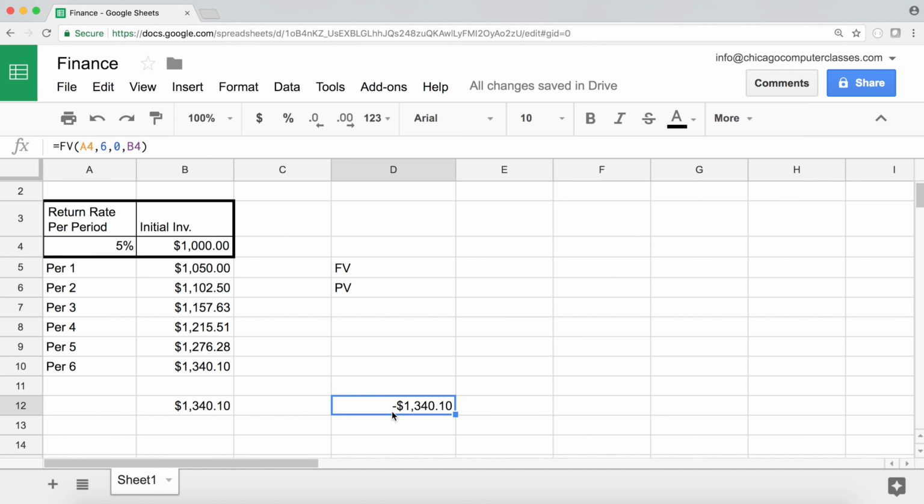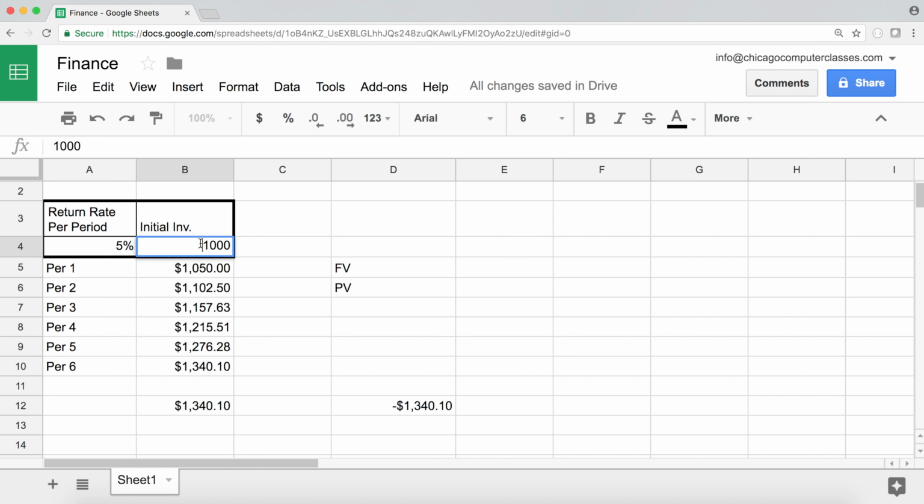This is a common thing that you'll probably have to get used to in finance, is that we think about money coming in our account or going out of our account. So what does that mean, right? So what that means is that if I invest $1,000, that should really be money going out of my bank account, right? I'm taking the money out of my bank account or wherever I'm taking it out of, and I'm investing that money.